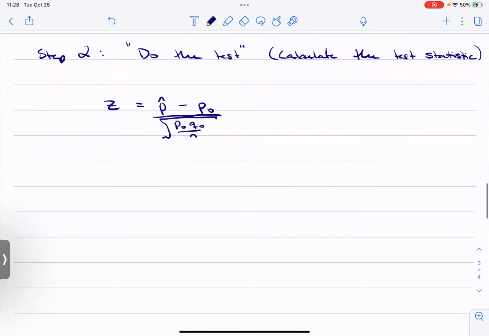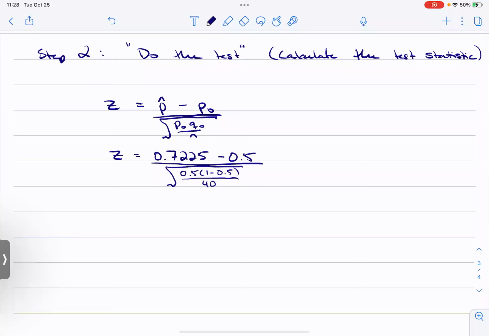And so Z, p hat was 0.7225 minus p naught, which is 0.5. And then my standard error is 0.5 times 1 minus 0.5, which is of course 0.25, divided by 400.